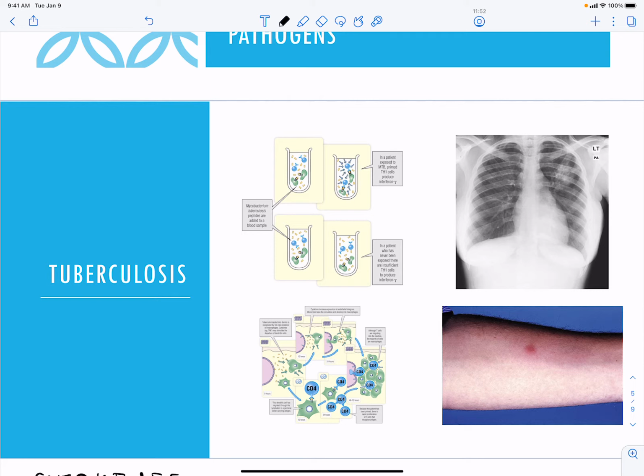People who have active tuberculosis are able to spread the disease. Here are just a few tests that are used in order to determine if somebody is infected with tuberculosis. Now everyone is really familiar with our skin test, which is shown here. This is our TB skin test.